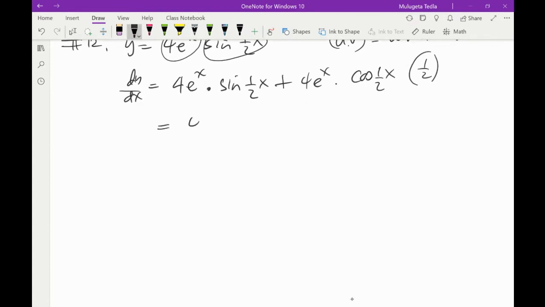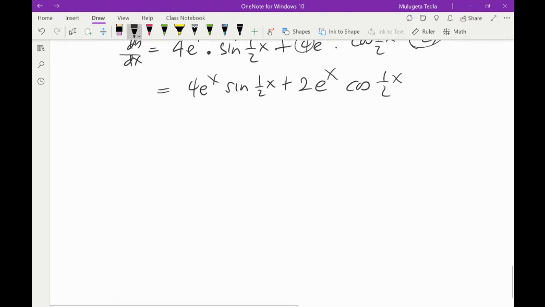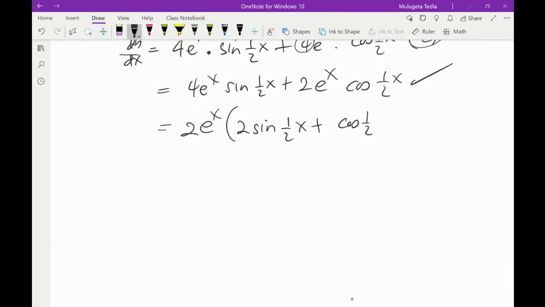So it is e to the x sine of 1/2 x plus 1/2 e to the x cos of 1/2 x. So in here, I can even factor 1/2 e to the x out. I know this is a good answer: e to the x, 2 sine of half x plus cos of half of x.